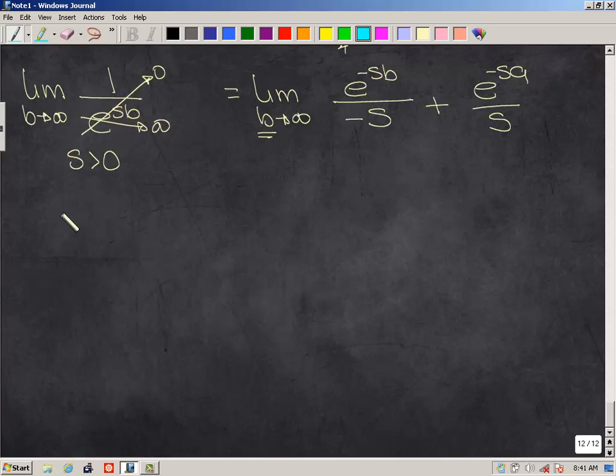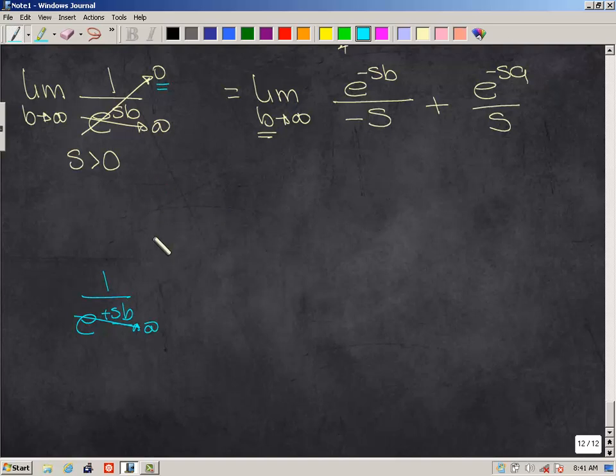If this is greater than 0, that means it's positive, so positive times negative, this whole thing is going to be negative, so we can move it to the denominator. Now this is positive, so e to the positive infinity is infinity, and 1 over infinity is 0. That's how we get that.